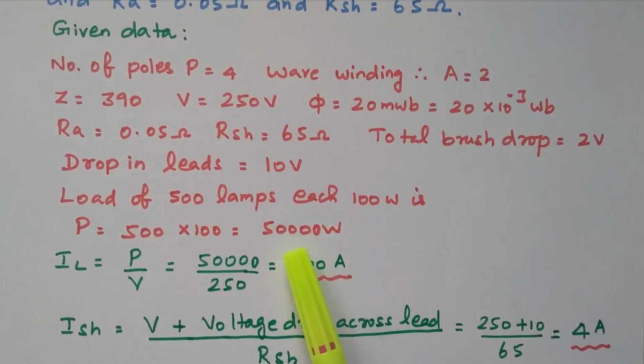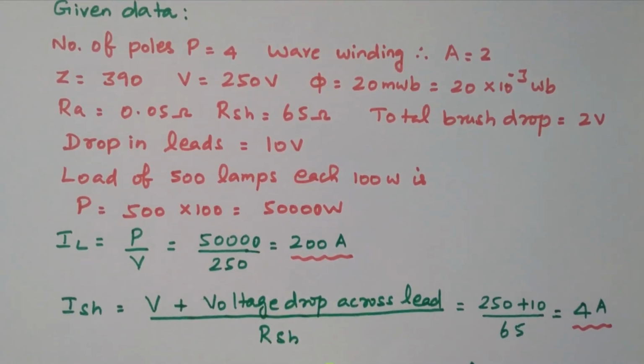That is 50 kilowatt. Not 5,000, it is 50,000. So from that we can find the load current, P divided by V. 50,000 divided by 250 will give 200 ampere. The load current is 200 ampere.